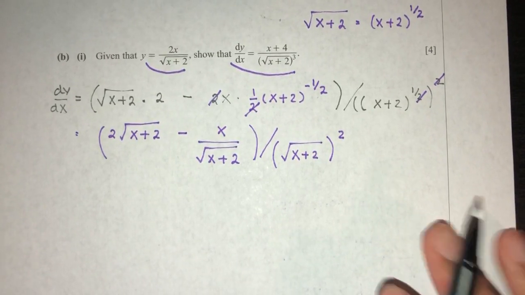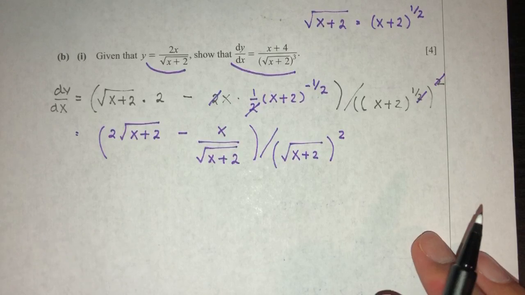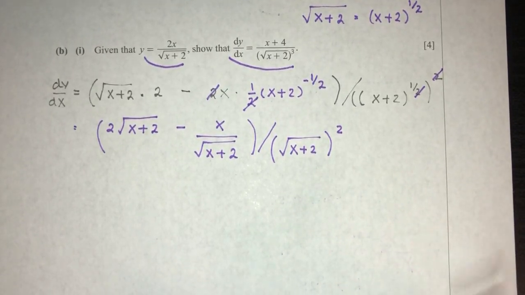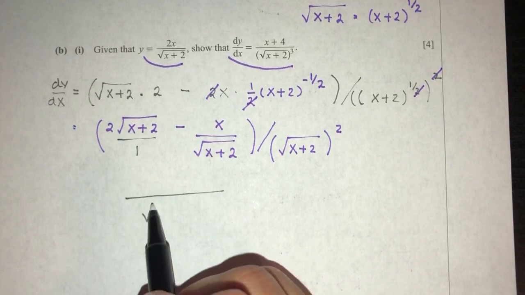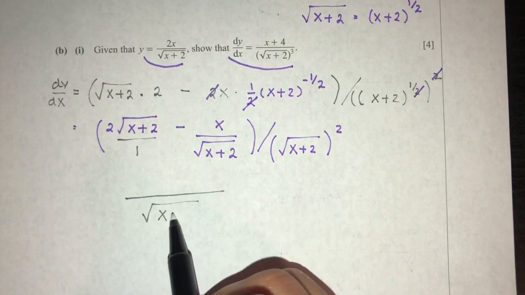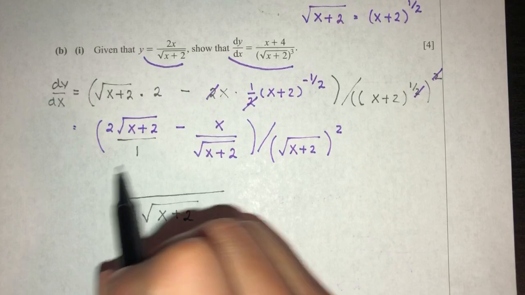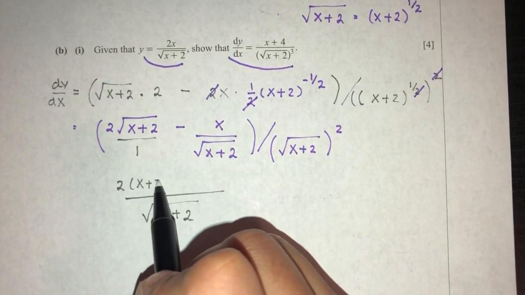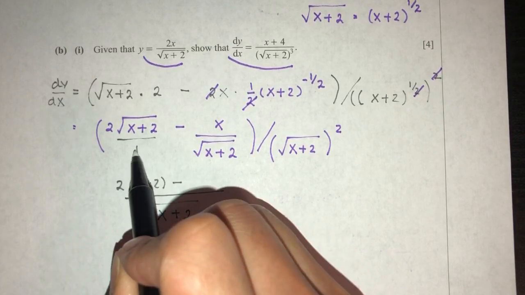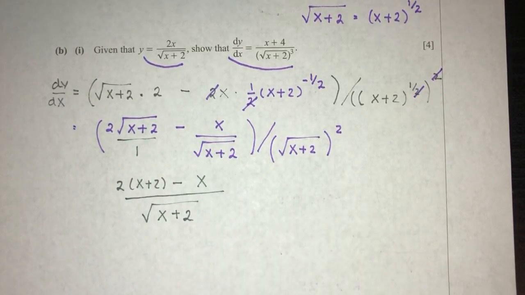So now let's simplify the top part of the fraction. As you can see here, we have two fractions and the bases are different. So what do we do? We make it become the same base, right? To make it become the same base, we have to multiply them by each other. You will have 1 times this will be same thing, and then cross multiply. You will have 2 times this will become x plus 2 minus this, that will be x.